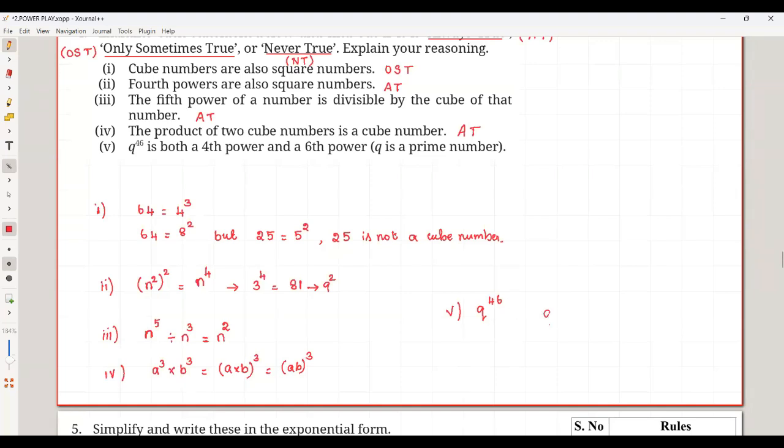Can we write this as q power 4 and q power 6? They are not equal, right? So q to the power 46 is not both a fourth power and a sixth power. This is never true. So this will not come. The answer is wrong.